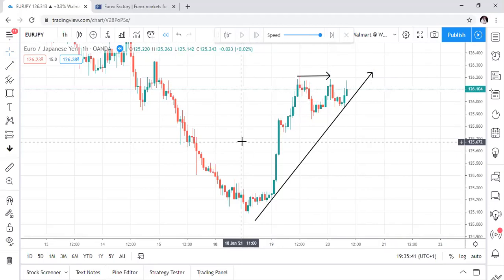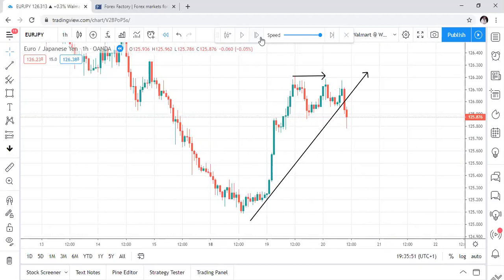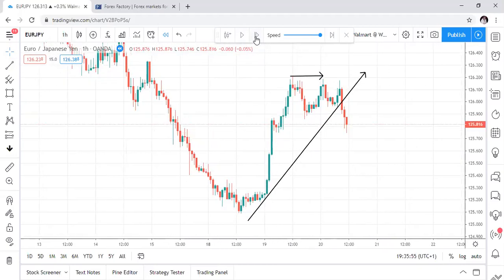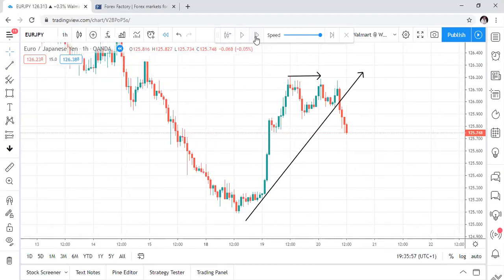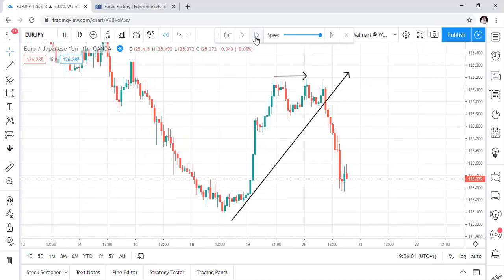You don't rush like the crowd. You don't trade like the drunk traders. Market breaks. I'm going to see what the market does. What happens? See it.